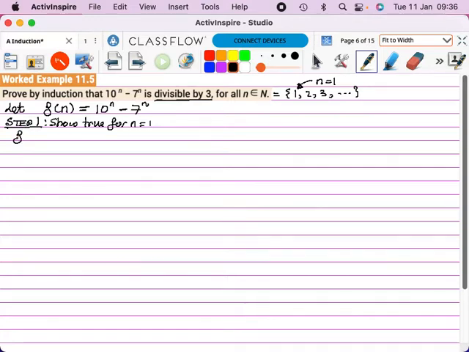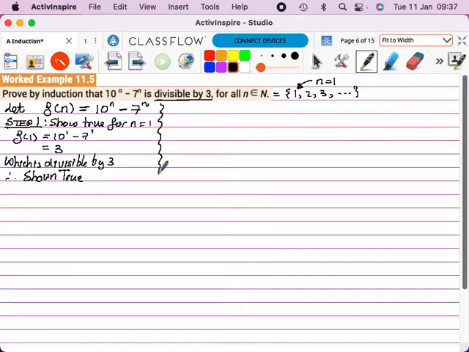So we do f of 1 is equal to 10 to the power of 1 minus 7 to the power of 1. 10 minus 7 is equal to 3, which is divisible by 3, therefore shown true. So we have now shown that the first domino topples.